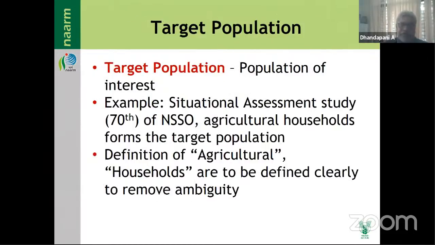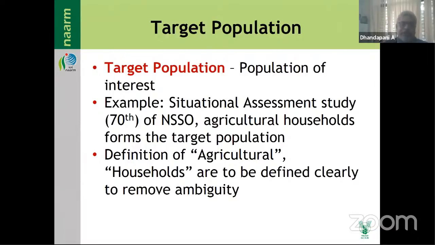The next one is, okay, you have a population, but you are going to target a population of interest. That is called the target population. For example, the 70th NSSO survey, the situation assessment study, says that agricultural households form the target population.